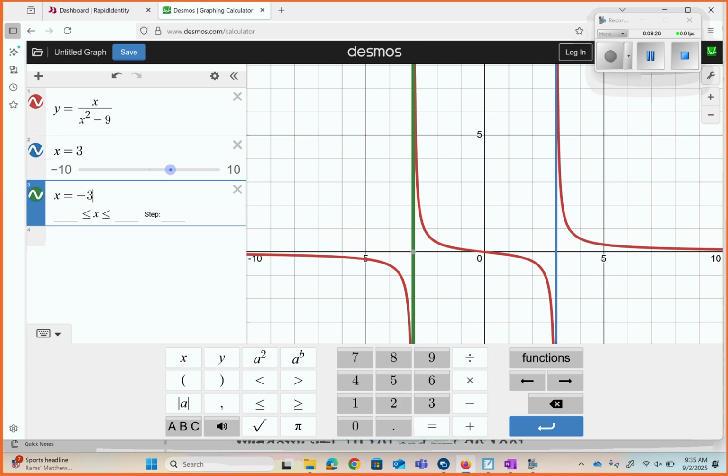Okay? This particular problem also has a horizontal asymptote. And one of the rules for a horizontal asymptote is if the degree on top is smaller than the degree on bottom, so the degree on top is x to the first, the degree on bottom is x to the second, the degree on top is smaller than the degree on bottom, then y equals 0 is our horizontal asymptote.